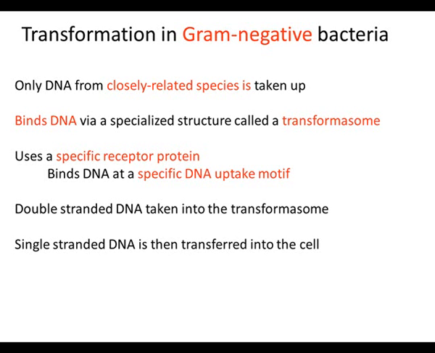So transformation is just this genetic exchange mechanism where bacteria take DNA up from the environment, free DNA that's out there in the environment, and free DNA would come from cells lysing and releasing their DNA. And a lot of antibiotics cause bacteria to lyse, especially beta-lactams. That would release DNA.